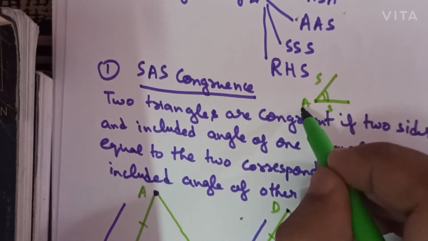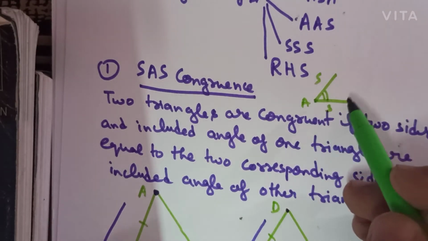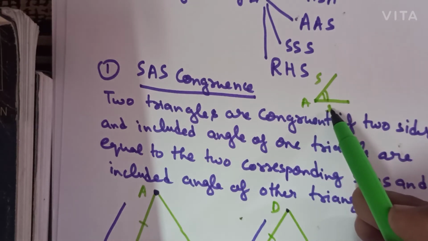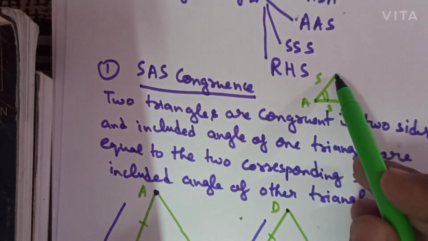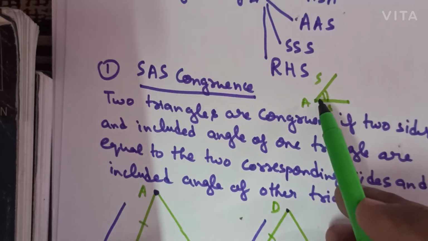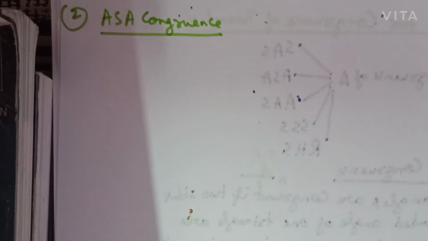This is the side angle side congruence condition. Understood? Just symbolically, I am drawing that two triangles are said to be congruent if two sides are equal to the corresponding sides of the other triangle and the included angle is equal to the corresponding angle of the other triangle.